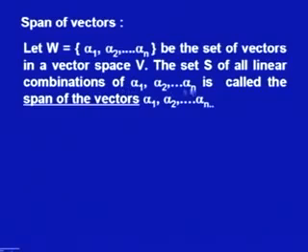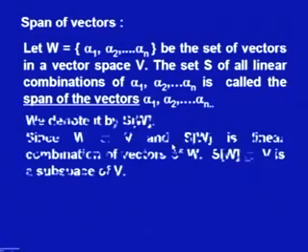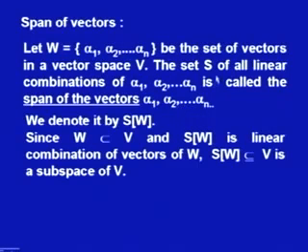So, all the linear combinations of these vectors will form the set S, and that set will be called the span of vectors, and we denote it as S(W), that means the span generated from W. Now, since W is a subset of V and S(W) consists of linear combinations of vectors of W, that means S(W) may be a subset of V, and since all the linear combinations are in S(W), S(W) is a subspace of V.